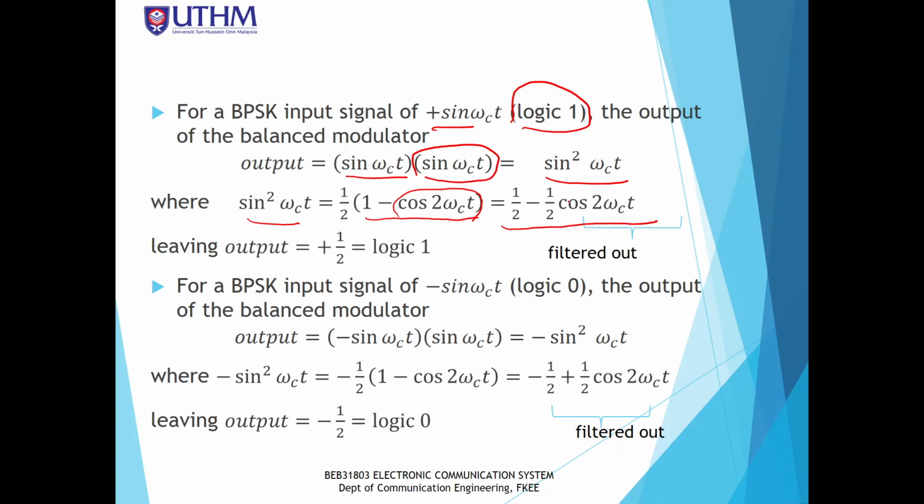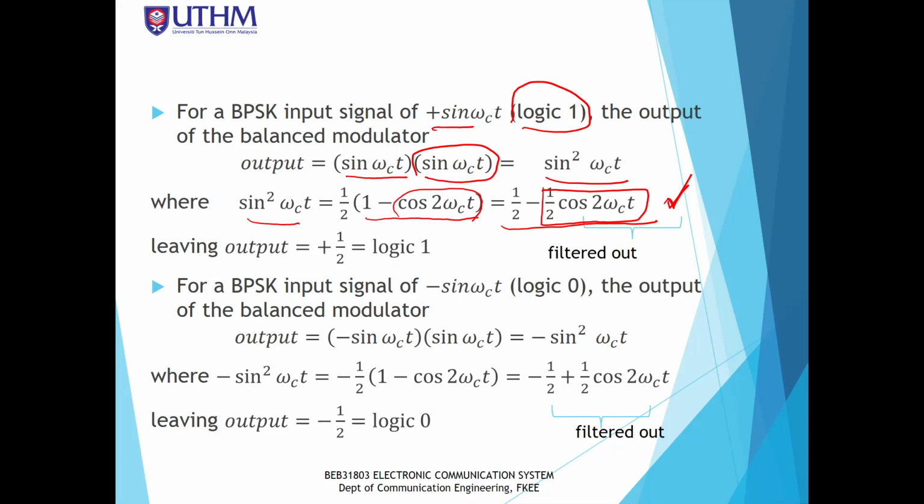This part is a high frequency component which will be filtered out by the low pass filter. So this is the output from the balance modulator, 1/2 minus 1/2 cos 2 omega ct.